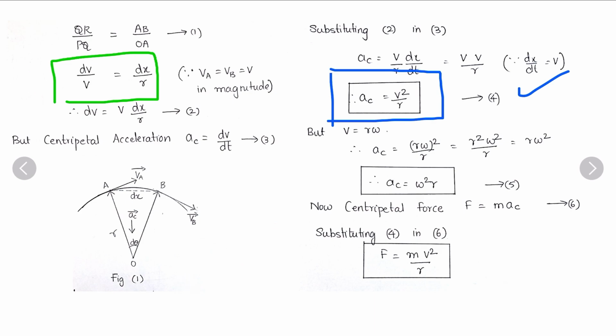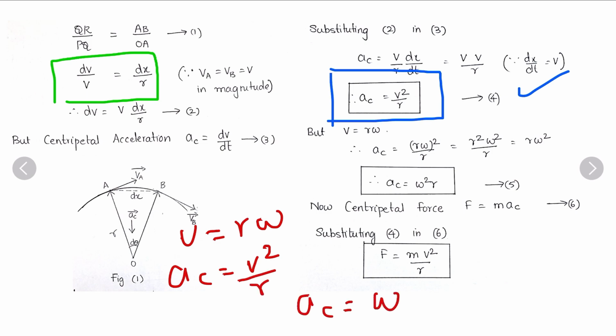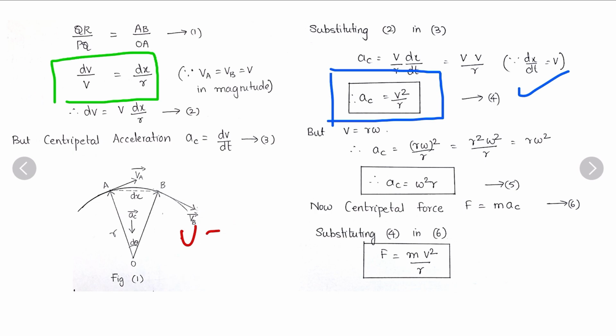So learn them: V is equal to R omega, AC is equal to V square by R, AC is equal to omega square R, and F is equal to MV square by R. With this we have completed all the formulas and derivations of circular motion.